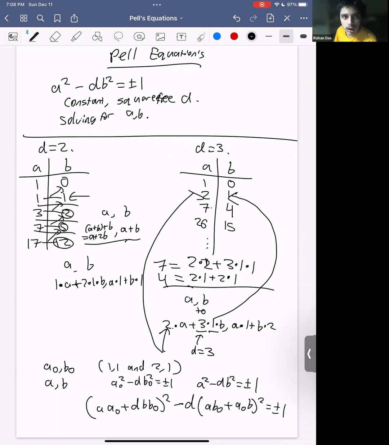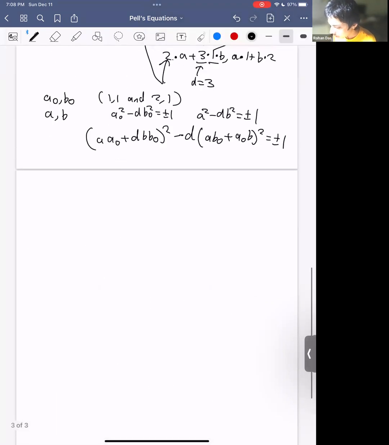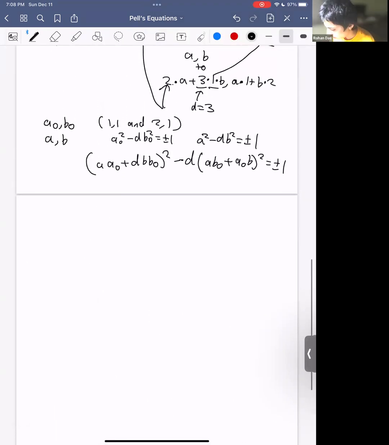And as of now, this is just an observation. We don't yet know why this is true, but it's actually not too hard to see by just expanding this.